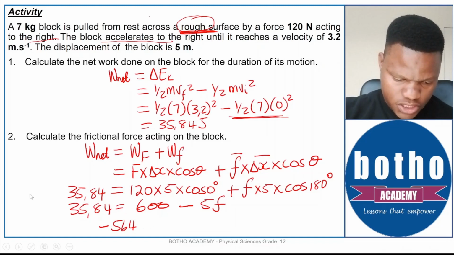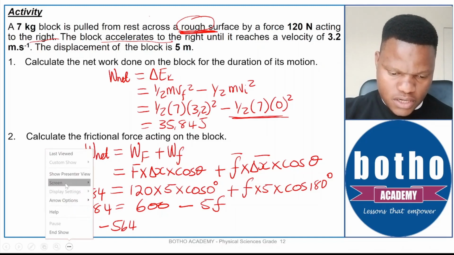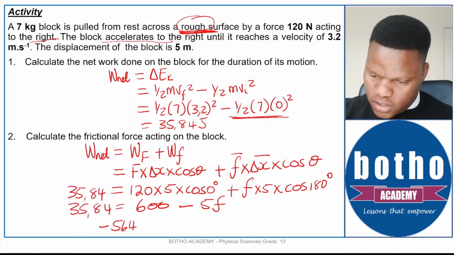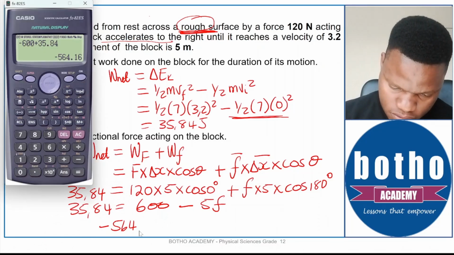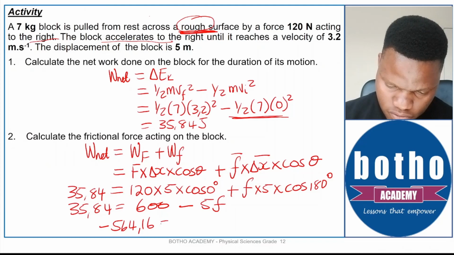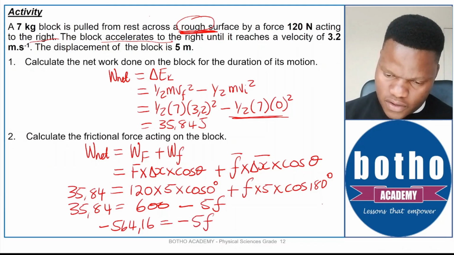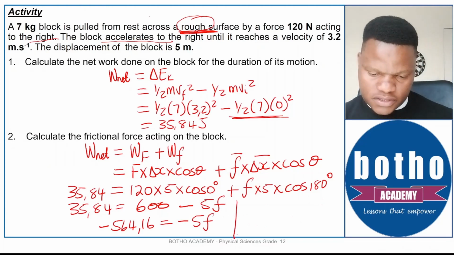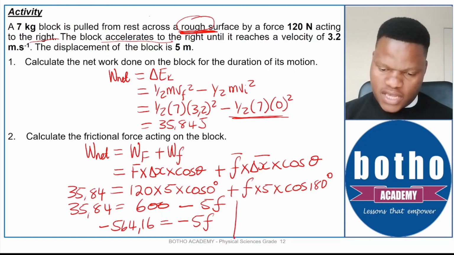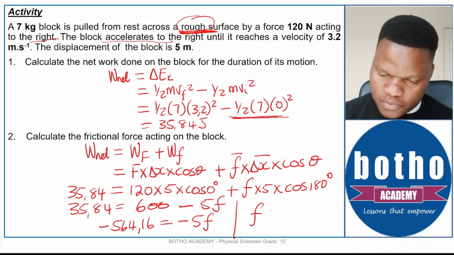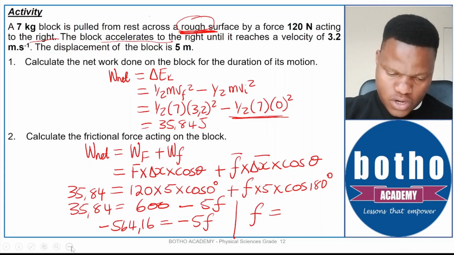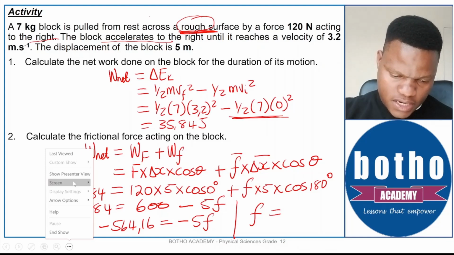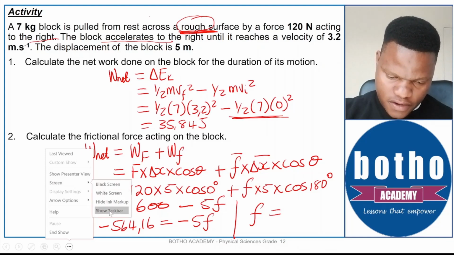Let me just quickly check the decimal places. 0.16. Okay, negative 564,16 is equal to negative 5f. Obviously, to get f, we have to divide both sides by negative 5. The frictional force therefore will be equal to the left hand side divided by 5.